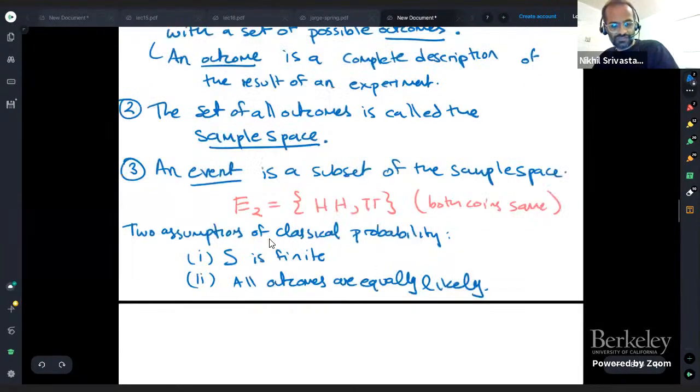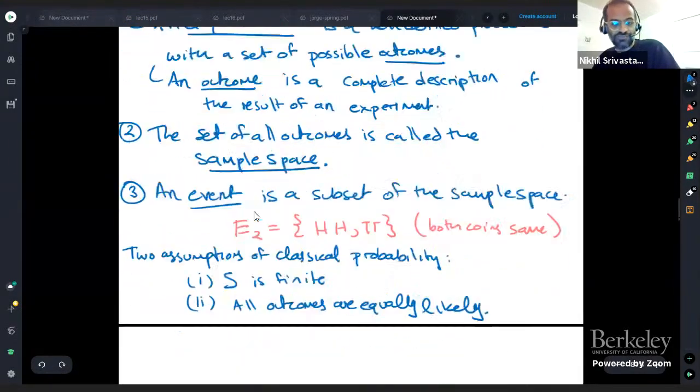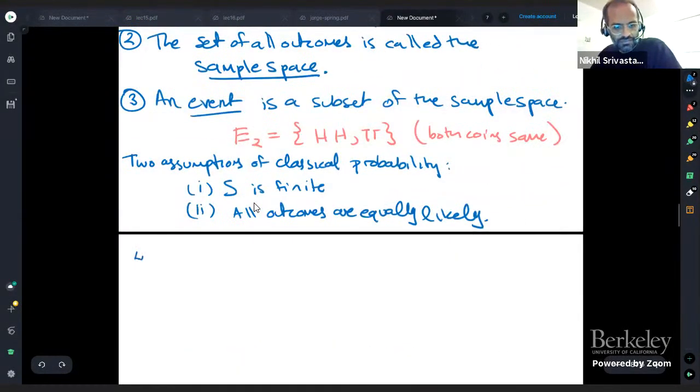So under these assumptions and under these definitions, you define the probability of an event as just the ratio of the sizes of these sets.